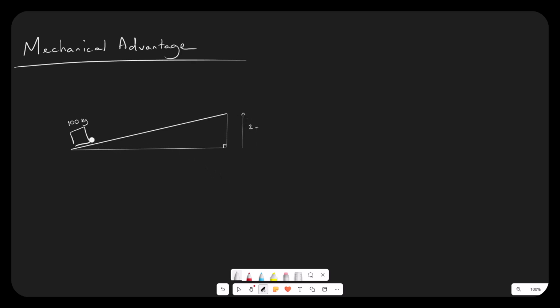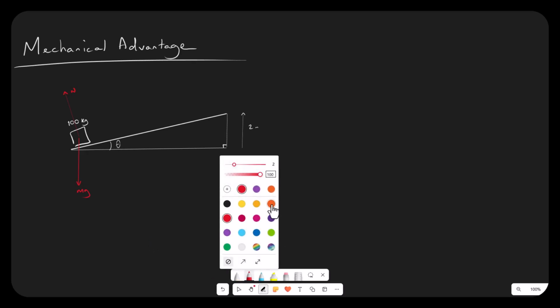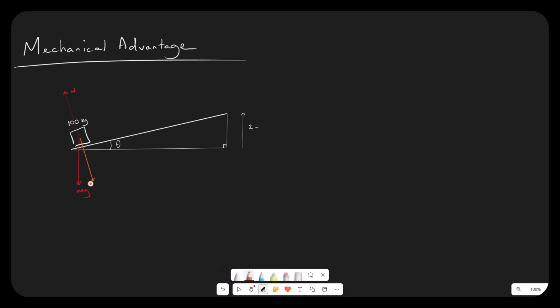But to push this thing up a frictionless ramp, if I've got an angle of a ramp here, I could draw a free body diagram. Say here's my mg, here's my normal force. I'm going to end up breaking my mg into components as you've done before, with that being the angle of the ramp.